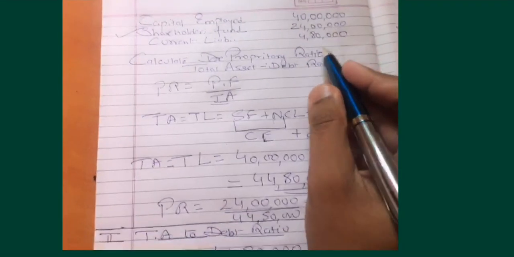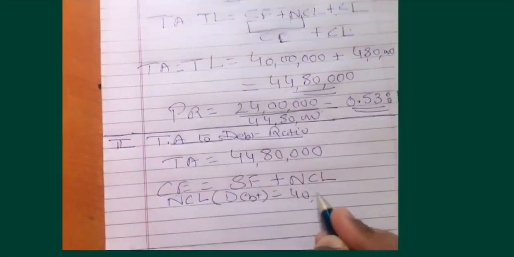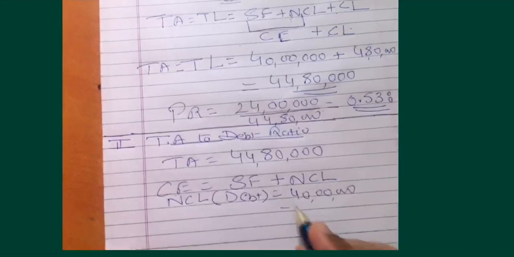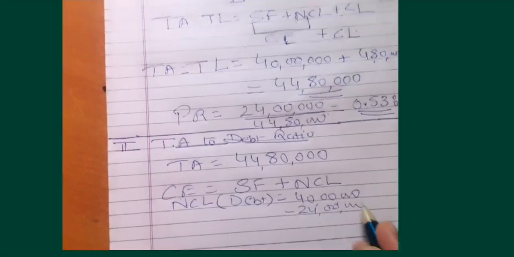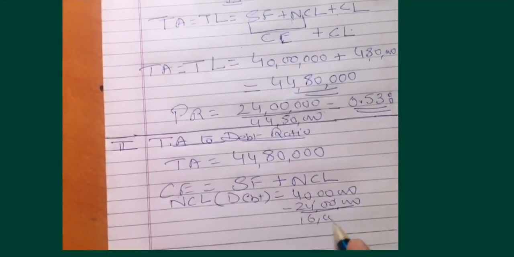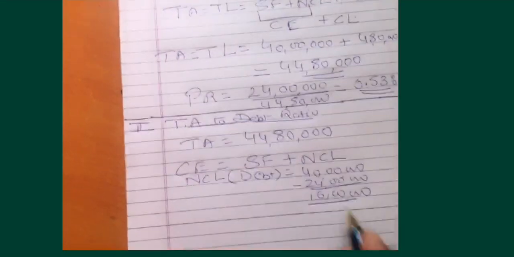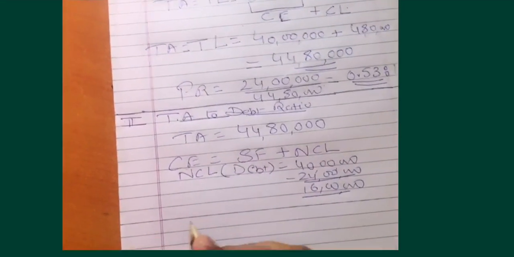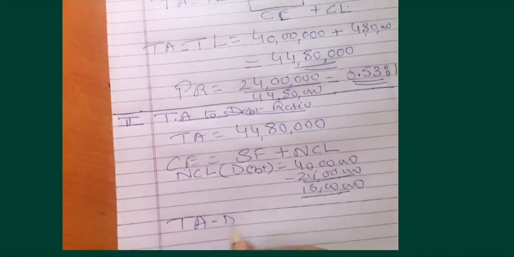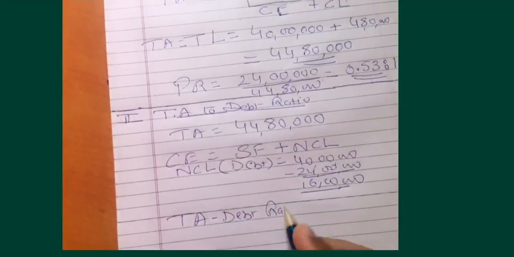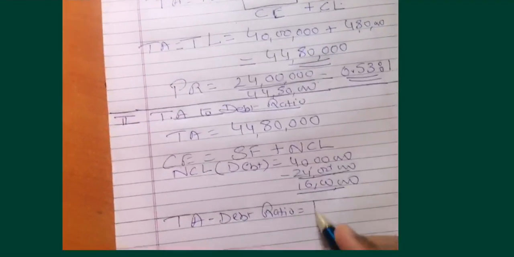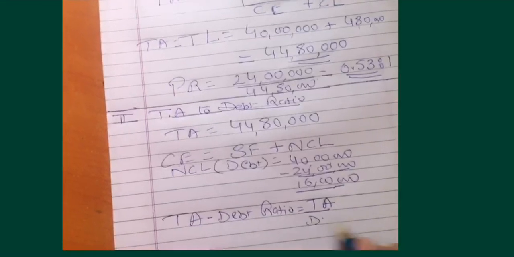So capital employed is given as 40 lakh and shareholders fund is given as 24 lakh. So 40 lakh minus 24 lakh is 16 lakh. So we calculated the value of debt. The formula of total assets to debt ratio is total assets upon long term debt.